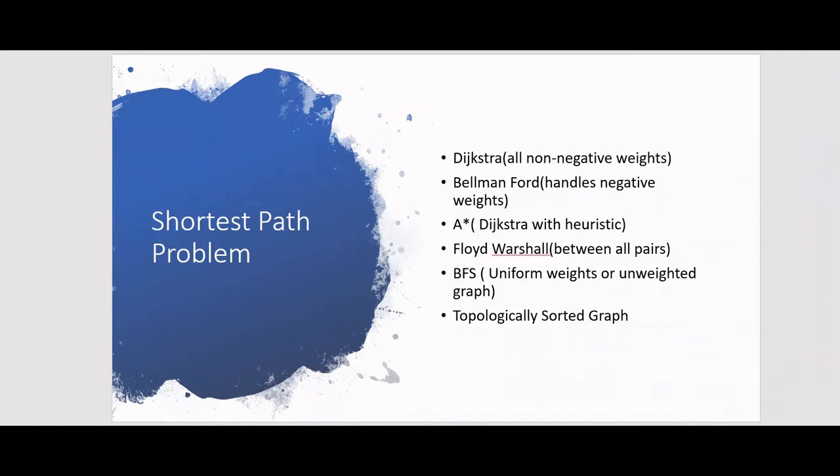And then there is something called Floyd-Warshall. If you want to find out shortest path between any given pair, from all nodes to all other nodes, then you can use Floyd-Warshall. The only problem is it won't be as performant as Dijkstra is.